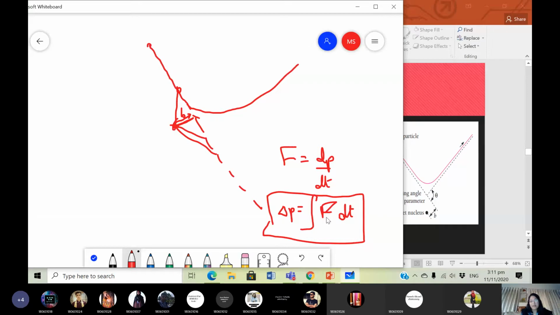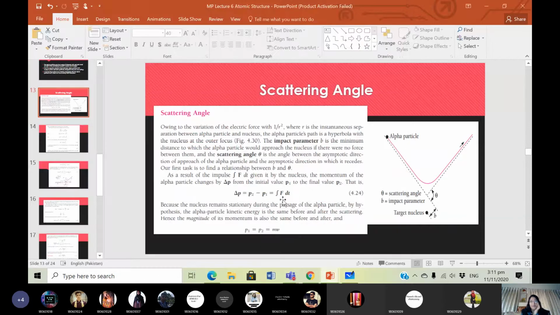So whatever the force is at the instantaneous time, we multiply it, then we take the integration over that. Is that making sense? Jo function hai, F can be a function of time. So we take the integration of the function with respect to time, and that would give us the change in the momentum, which is the impulse of the force. Okay? So that is how we define it here.